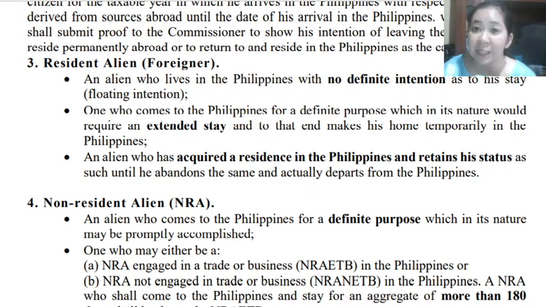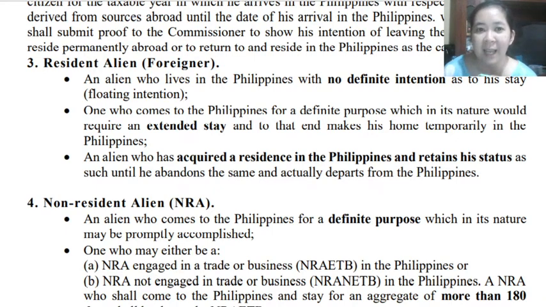But presently, he is residing in the Philippines for most of the time during the taxable year.